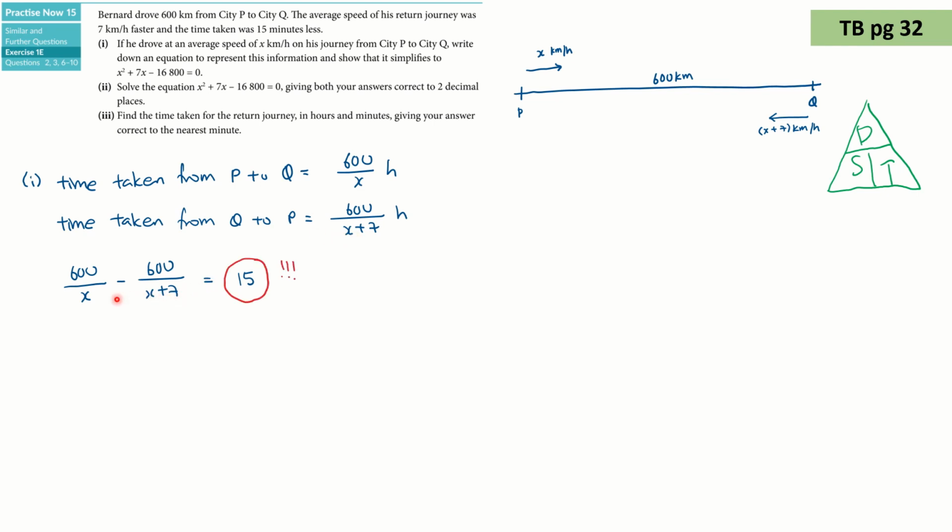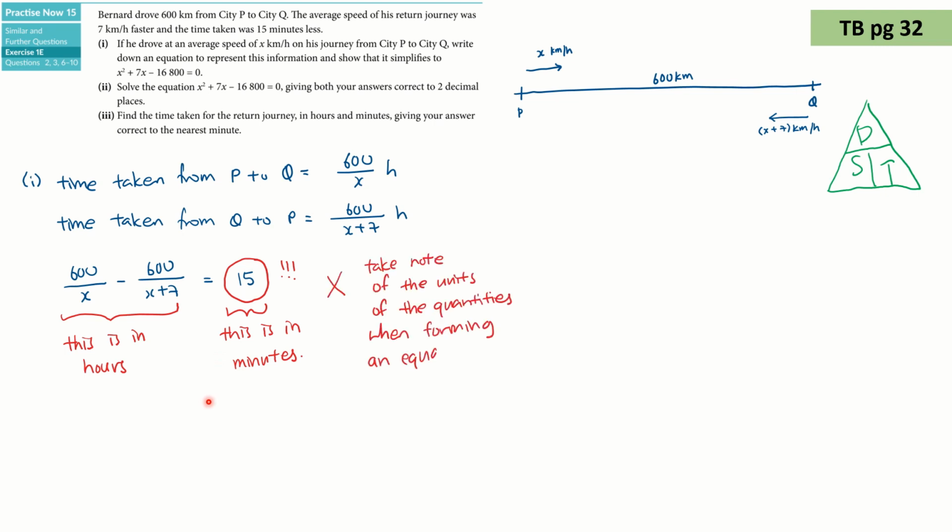So if that's the case, we cannot equate these two quantities, because on the left side of the equation, this is in hours as mentioned, and on the right side it is in minutes. So it is incorrect to equate them when forming an equation, because the values need to be equal, and for the values to be equal, the units need to be equal.